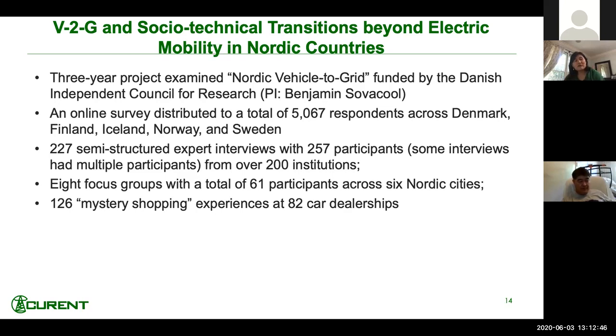And then we also look at V2G, vehicle to grid. And so this is people's perception about V2G, and whether they think it is important or not.